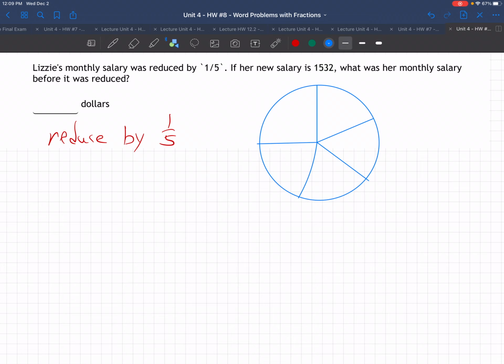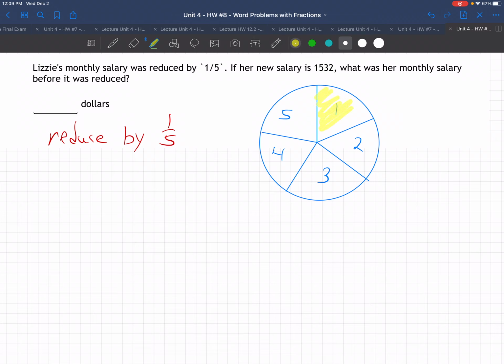That's a little bit uneven, isn't it? Let me back up those last two. A little better. All right. So 1, 2, 3, 4, 5 sort of even pieces of pie there. And we're going to reduce by 1/5.